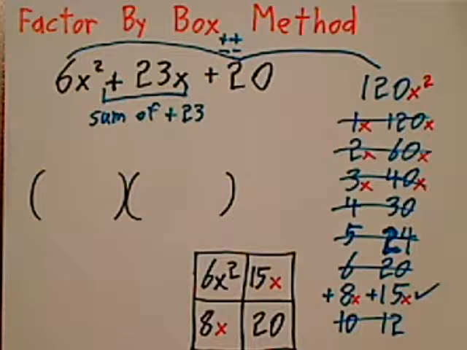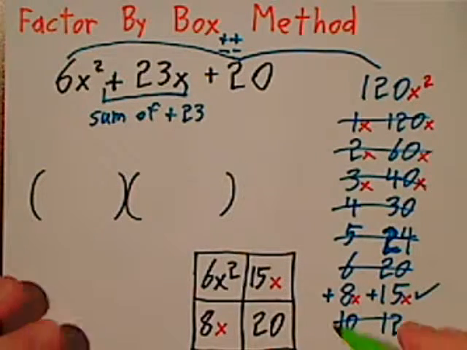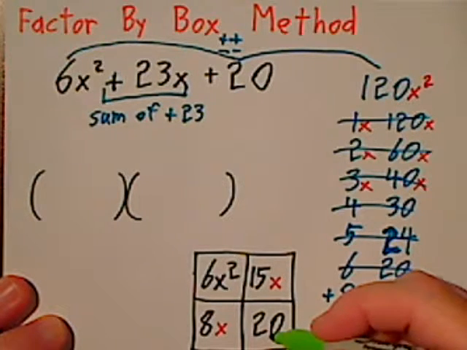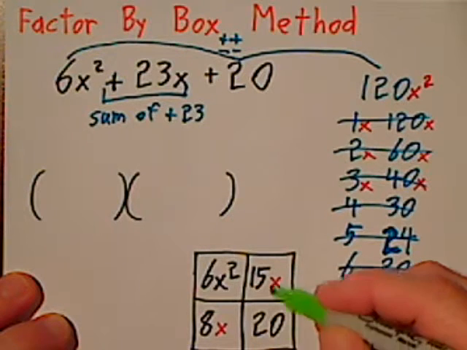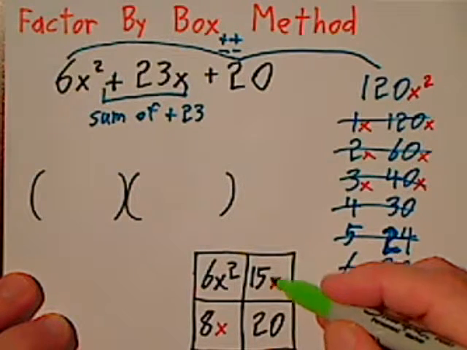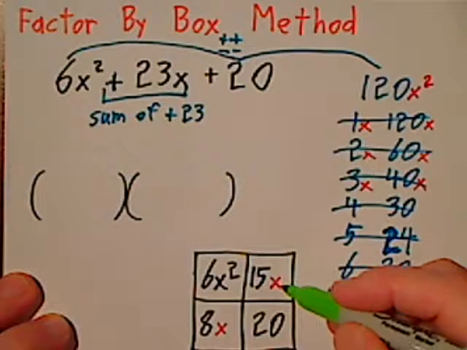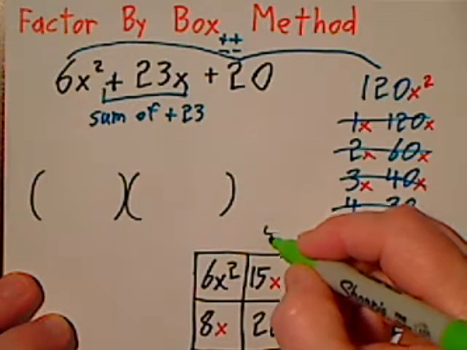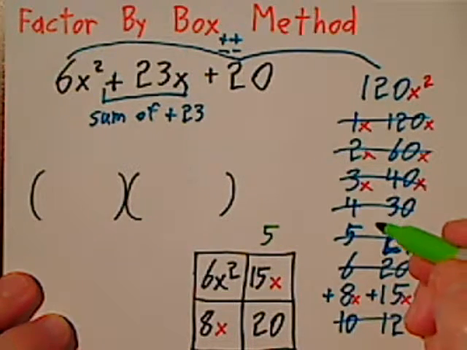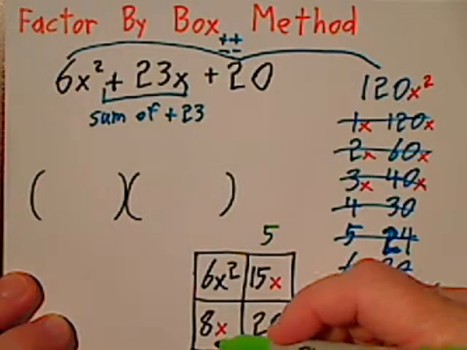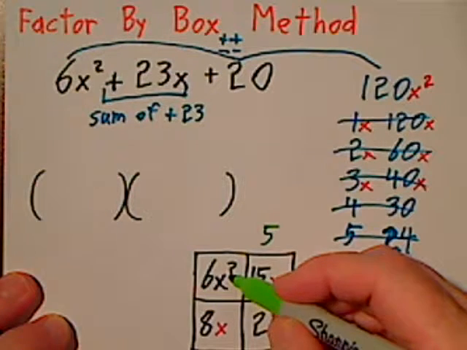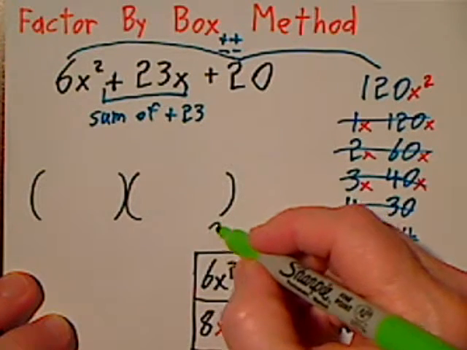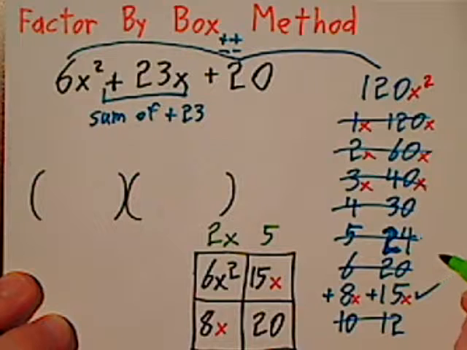And now this next step, you factor. You see what is the greatest common factor going straight up for these two boxes. What's the GCF between a 20 and a 15x? 5 is the greatest common factor. Then you go straight up on these two boxes with an 8x and a 6x squared. 2x is the greatest common factor.